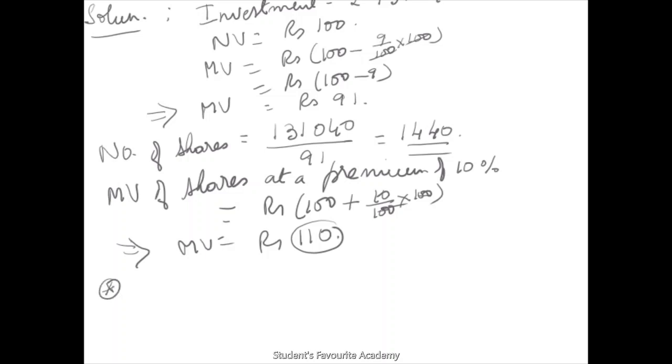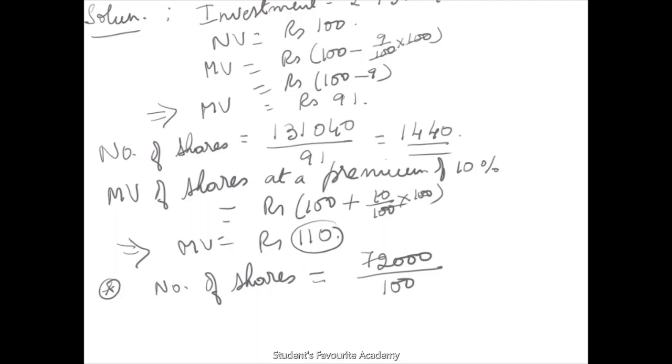Here the question says she sells shares worth rupees 72,000. So worth means what? As per their nominal value, whatever is their value, worth. So the number of shares whose worth is 72,000 at nominal value, that is at the price that the company gives, that is 100.